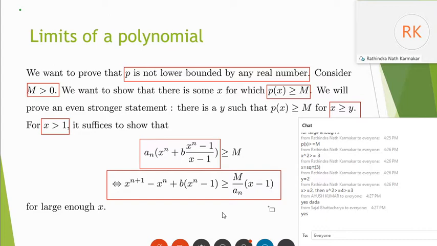And this quantity is again much easier to deal with. There is no fraction. Everything is in terms of only two unknown real numbers, b and a_n, and this m is given. And then we have much simpler quantities, like we have only x^(n+1) and x^n, and on the right hand side we have an x. So we don't have anything like x, x square, x cube, x^5, etc. So only two or three powers we have to deal with.